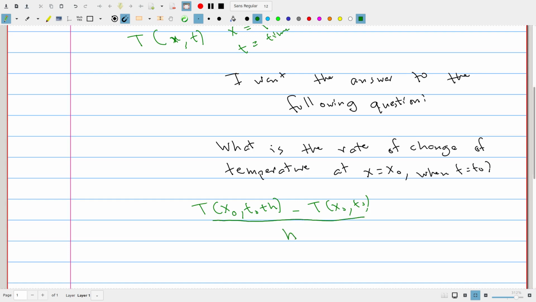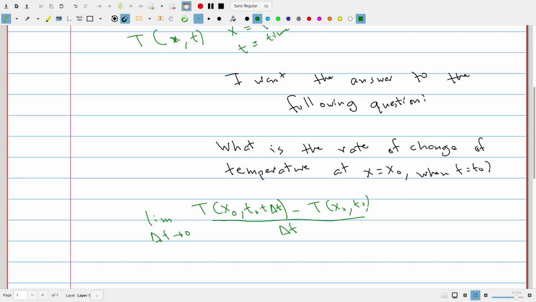And you want to make this variation in t as small as possible. So remember, x0 is constant, it stays constant, but t0 varies. If you want to make h as small as possible, you take the limit as h goes to 0. In fact, to be more instructive, instead of using h, we should use delta t: the limit as delta t goes to 0 of T of x0, t0 plus delta t, minus T of x0, t0, divided by delta t.